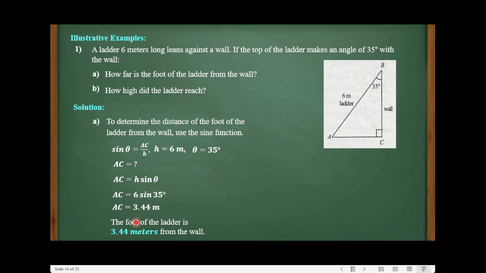So the foot of the ladder is 3.44 meters away from the wall. So this one right here has a length of 3.44 meters.